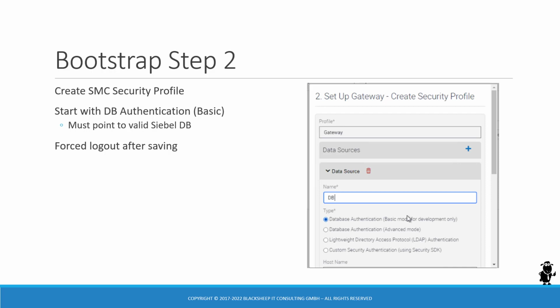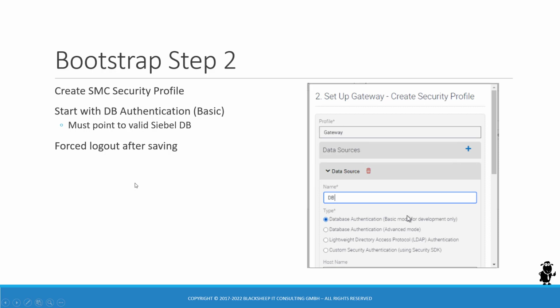For simplicity, you will probably use database authentication, basic mode, as the first. You have to create a data source. You see the options on the screenshot. You can have advanced mode for database authentication, or LDAP, or custom SDK. Now, only the first one is really so simple that you probably use it at this time. You can later change or replace the security profile.